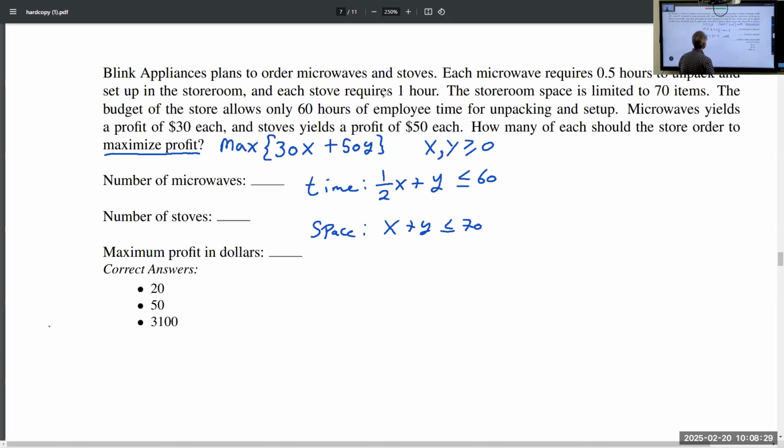That wouldn't work. Okay, so that's 1, 2, 3, 4 inequalities, and we want to maximize the objective function somehow. So what we'll try to do is find where those corner points are on a graph, and then from there, hopefully we can find what the maximum profit yields.